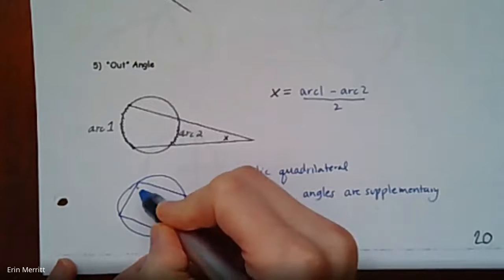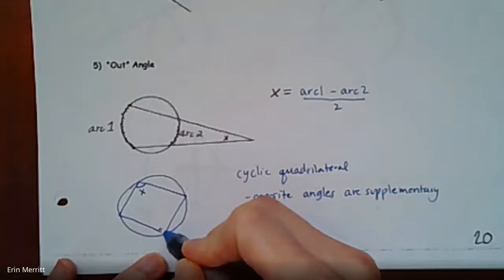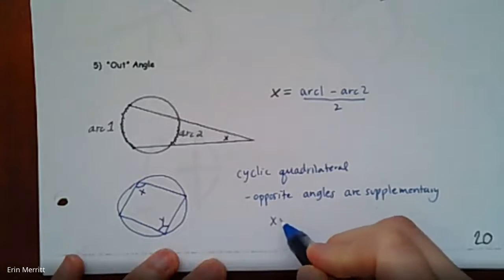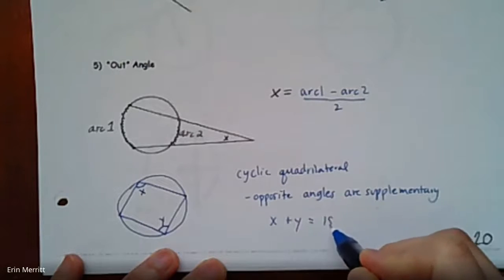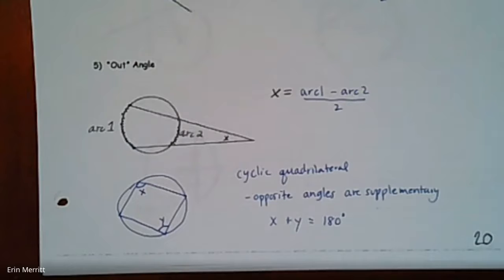So in my picture, if this is one angle, the angle across from it, let's say angle y, angle x plus angle y would have to be equal to 180 degrees.